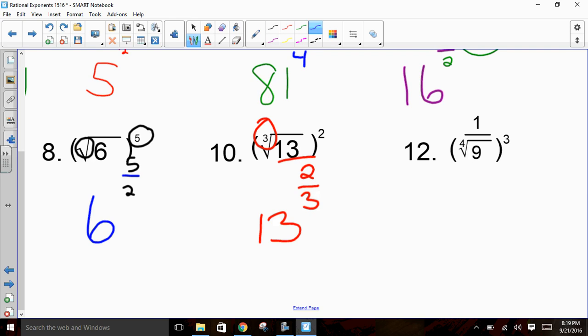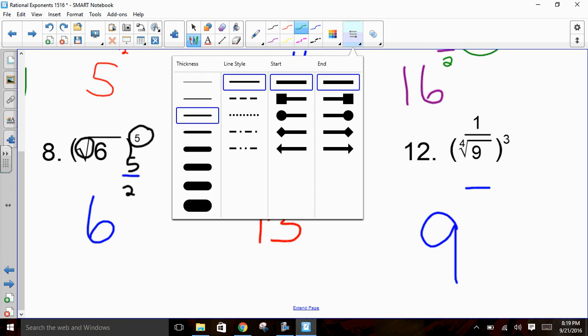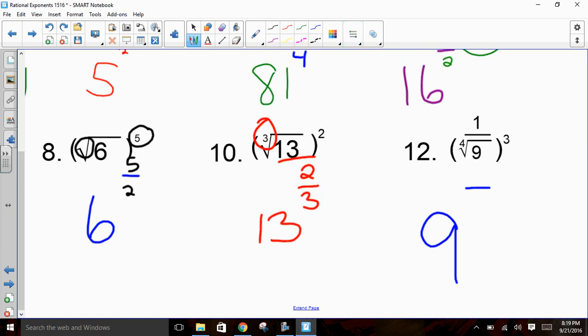And then lastly, number 12, I'm going to have my big base, or my number of 9, to some power. My denominator will be that 4. The numerator will be that power of 3. It is a fraction to begin with, so it's 9 to the negative 3/4.